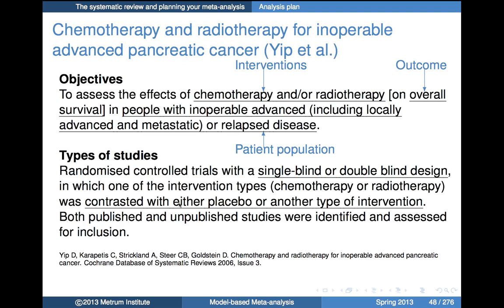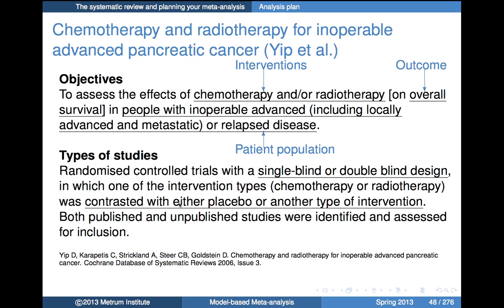Here's another example that was published in 2006. This was one that was published by the Cochrane Collaboration, in their Cochrane Database of Systematic Reviews. It was focusing here on the effects of chemotherapy and radiotherapy for inoperable advanced pancreatic cancer. The format of how they lay out their objectives and their populations and interventions is a little bit different from the AHRQ format.